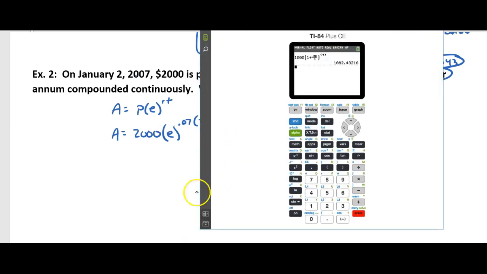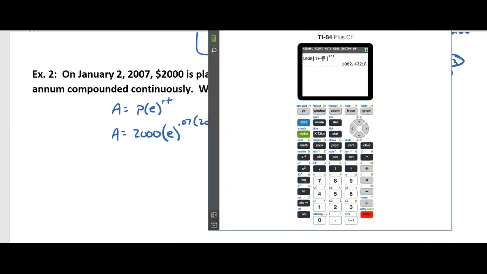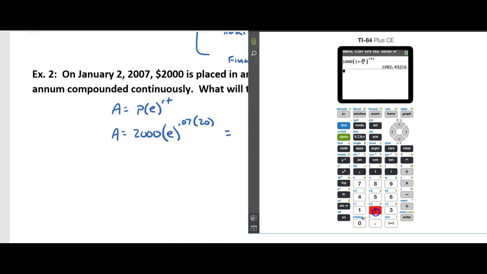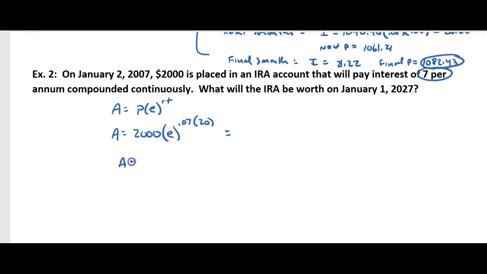And if you plug this in the calculator, you get 2,000 times E to the 0.07 times 20. And it shows that you would have $8,110.40.